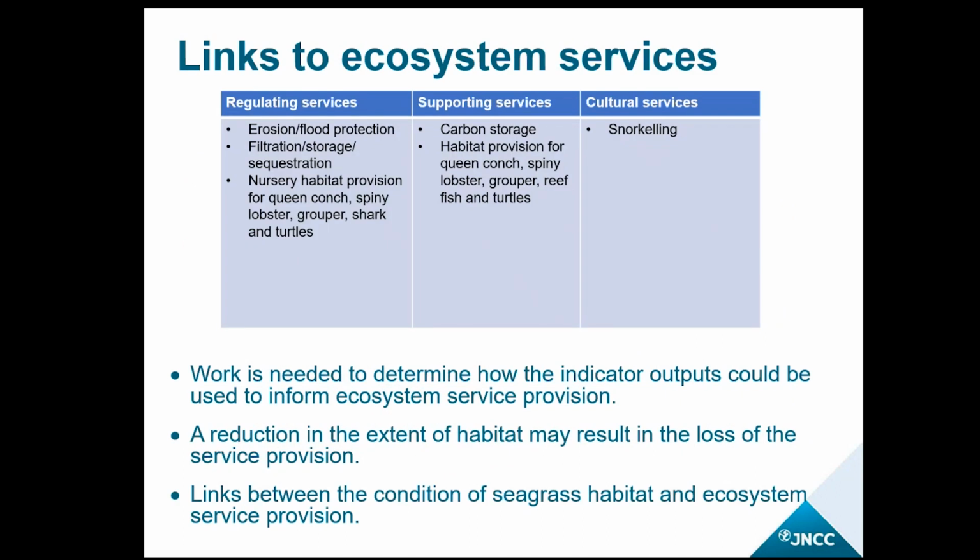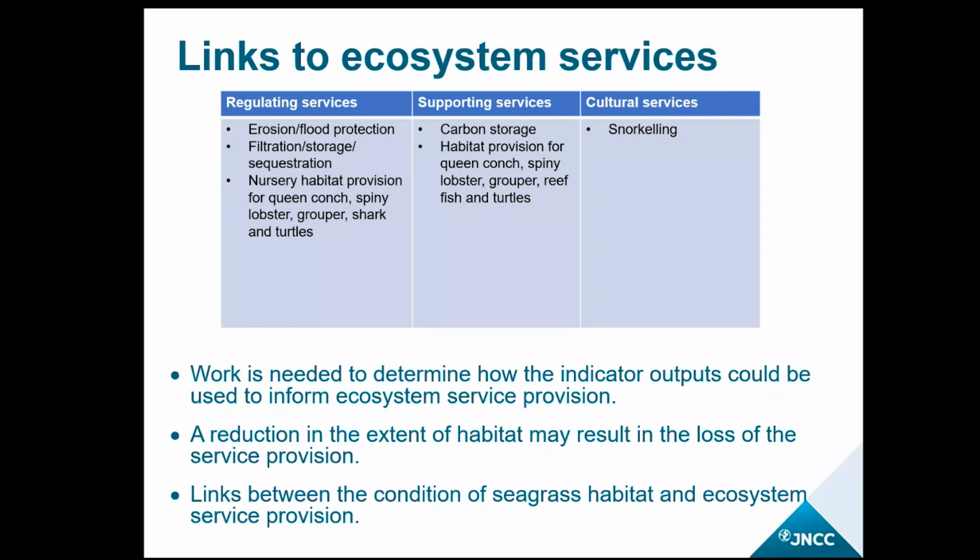This slide here, I'm not going to cover in any detail because next week Louise is going to cover in more detail the links to ecosystem services, but just in terms of how this links to the indicator work: seagrass provides a number of different services, and more work is needed to determine how indicator outputs could be used to inform the provision of these ecosystem services.